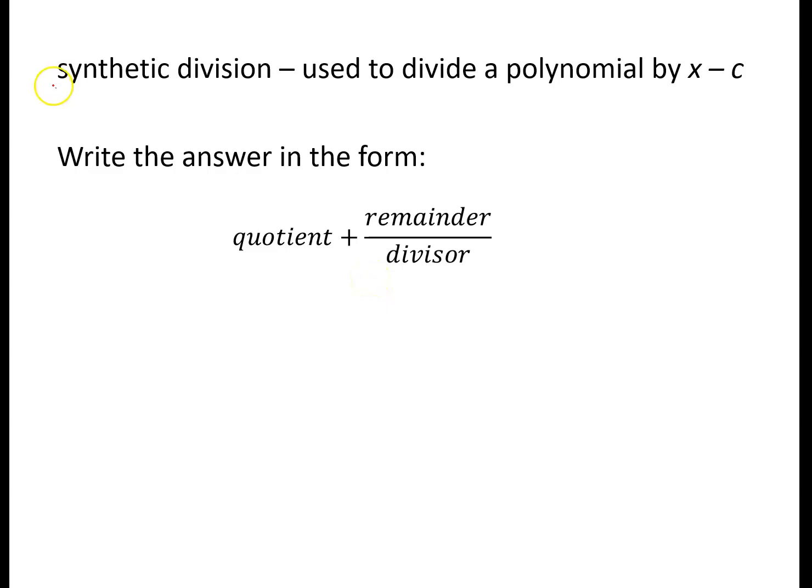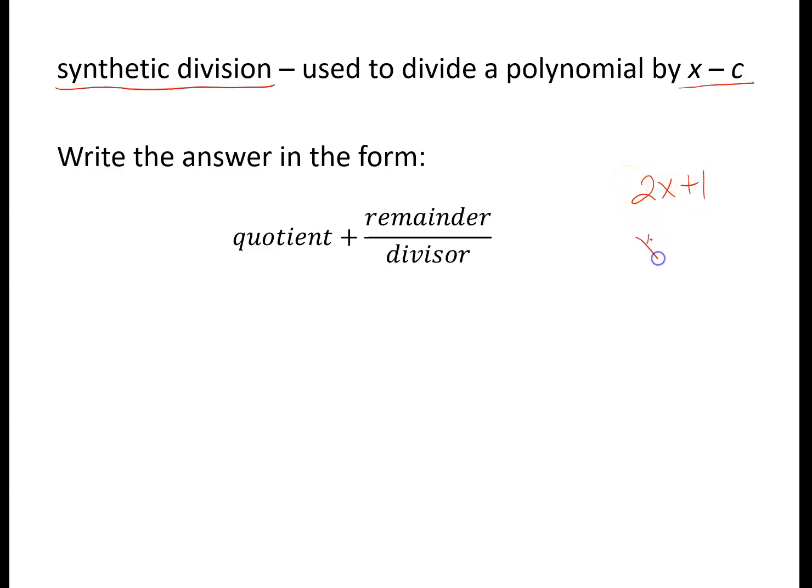Okay, so synthetic division. This is a special method that is only used to divide a polynomial by some binomial that is in this form, x minus c. So the first term is x, and then you have to have a constant. If you had, say, like a 2x plus 1, you could not use synthetic division because of the 2.